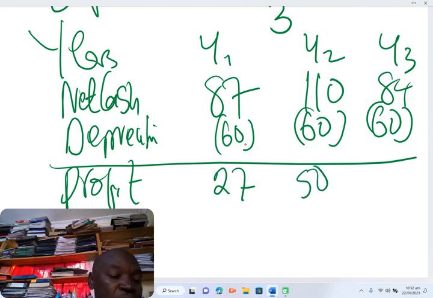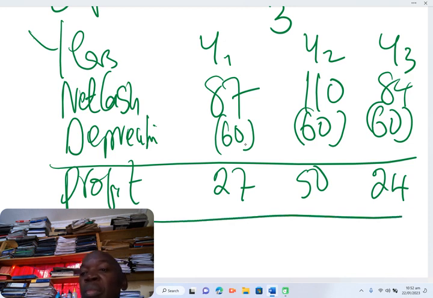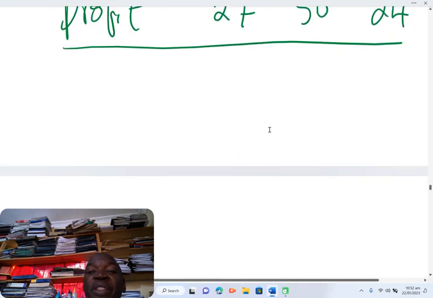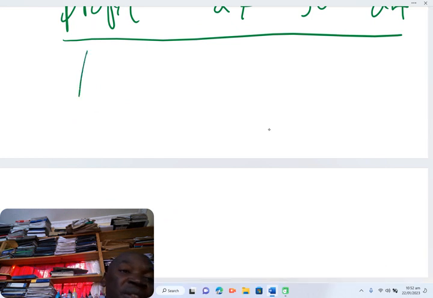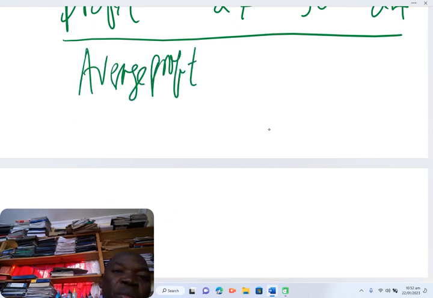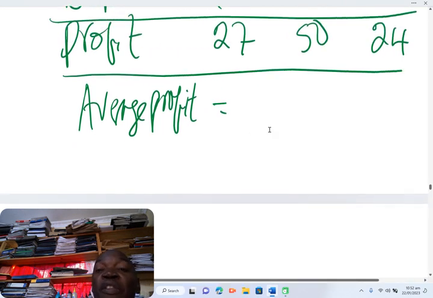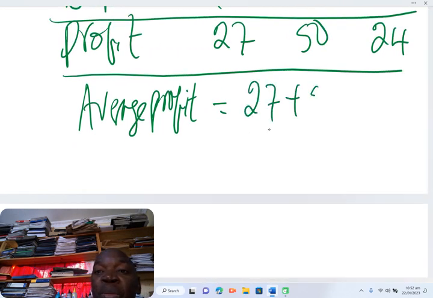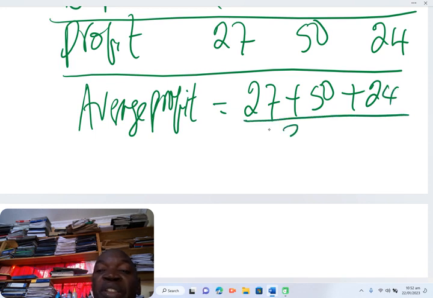Again, 84 minus 60, it is 24. So average profit is easy to compute. It is 27 plus 50 plus 24 divided by 3.